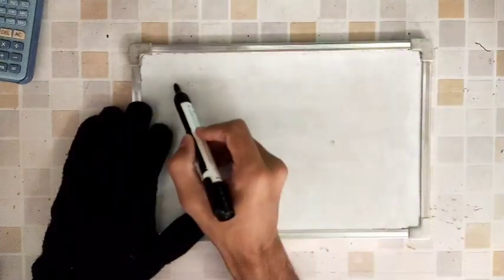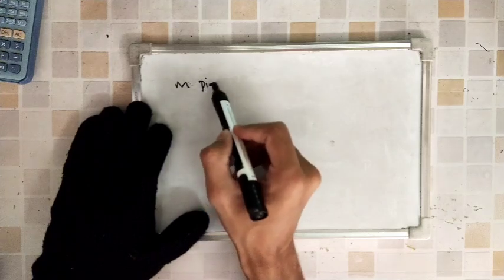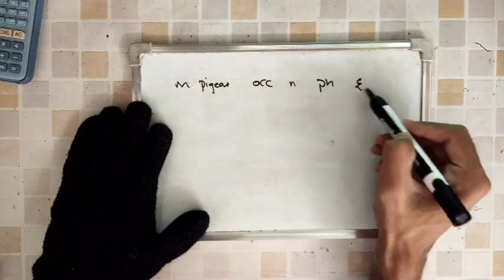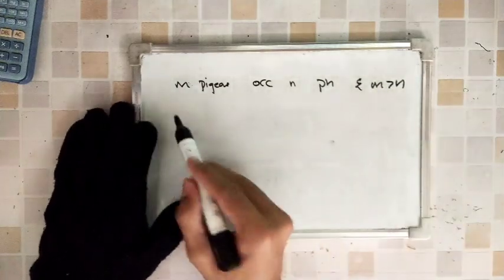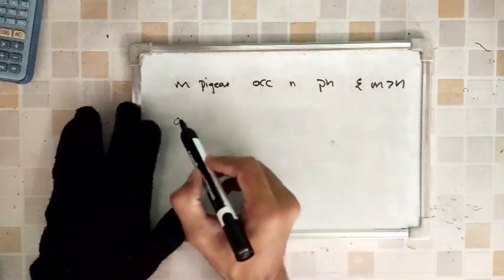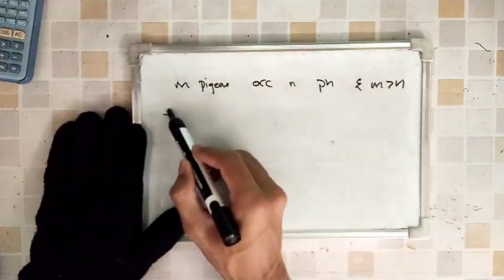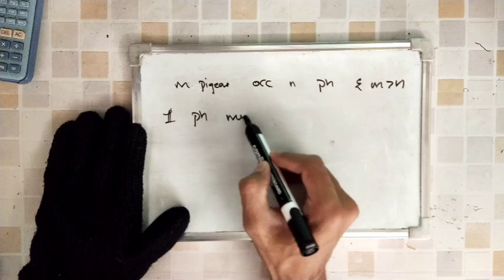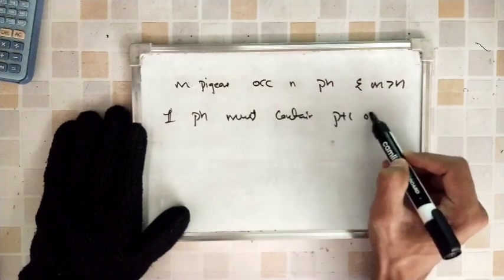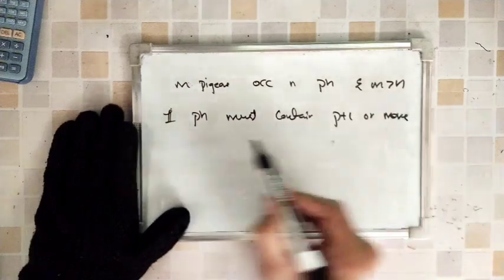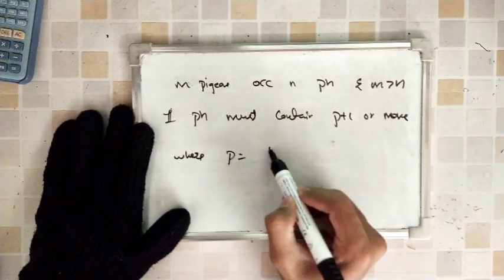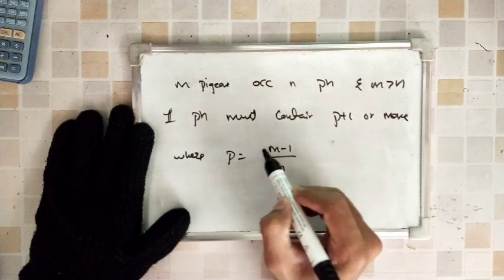So you have to say, if m pigeons occupy n pigeonholes and m is greater than n, then at least one pigeonhole must contain p plus 1 or more pigeons in it, where p is equal to (m minus 1) divided by n.